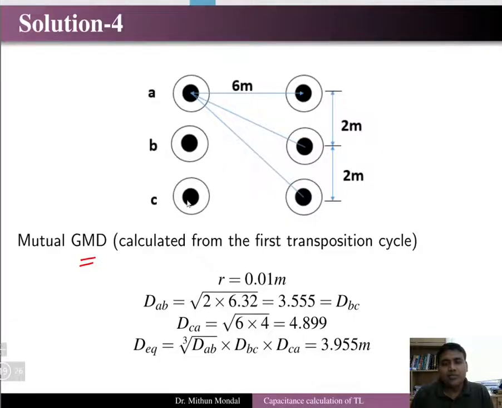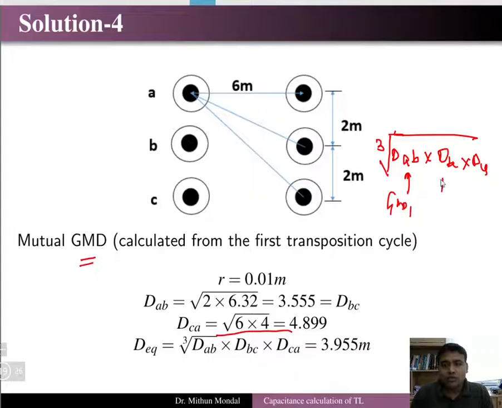So again, similarly to the previous problem, the GMD is basically the cube root of the product of the distances DAB multiplied with DBC into DCA. Okay, and these are the individual GMD of the line GMD1, GMD2 and GMD3.